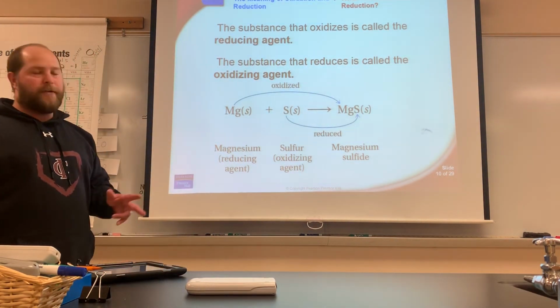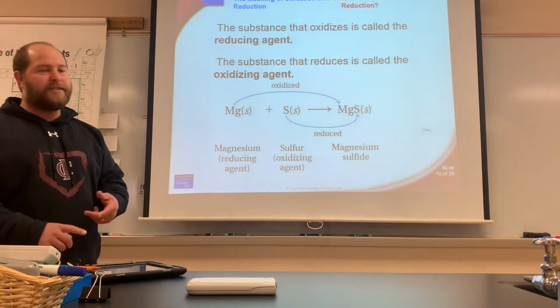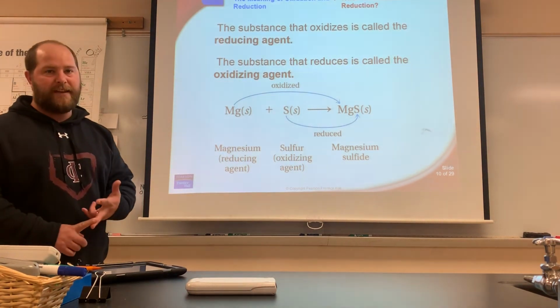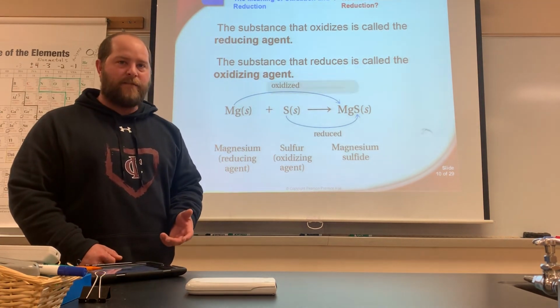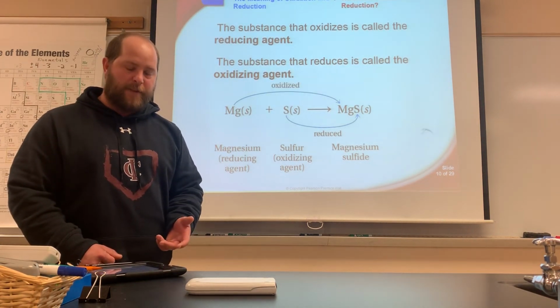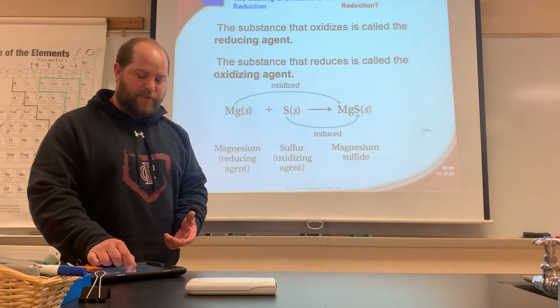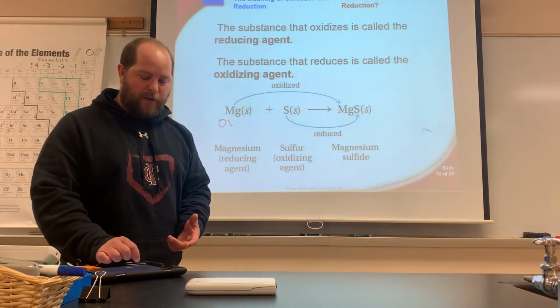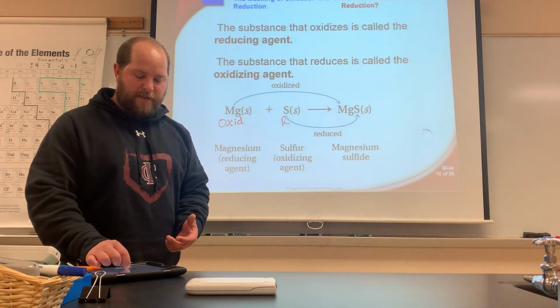There are 2 more vocab words that we have to define. We call them the reducing agent and the oxidizing agent. But this is pretty easy. Once you've identified what's being oxidized and what's being reduced, the reducing agent and the oxidizing agent are so simple to figure out. I'll say this one's being oxidized, this one's being reduced.